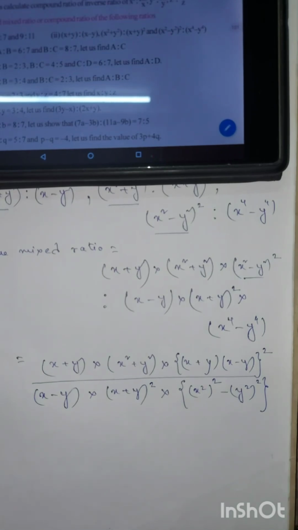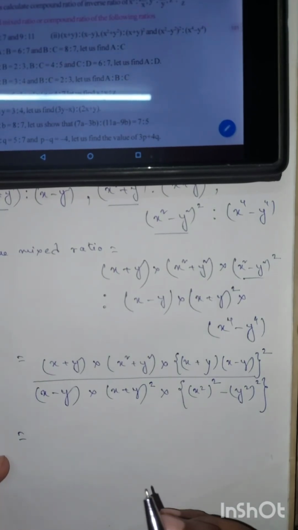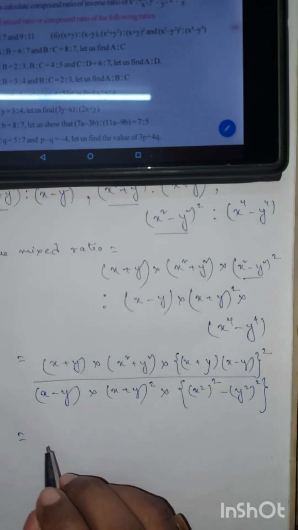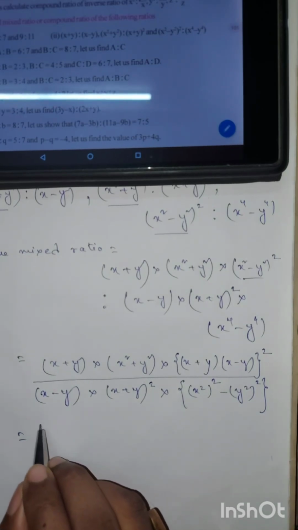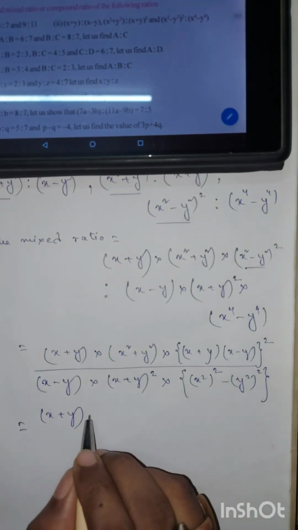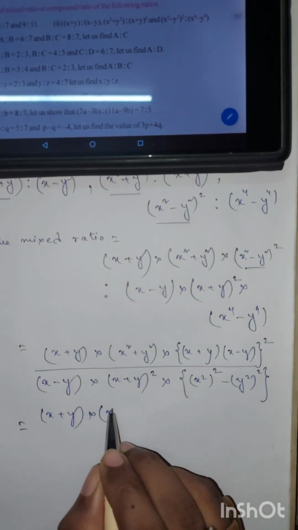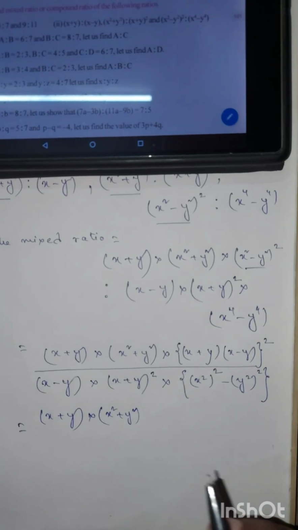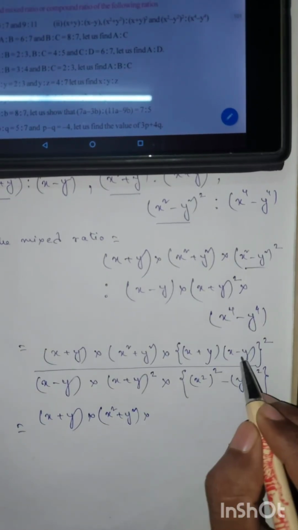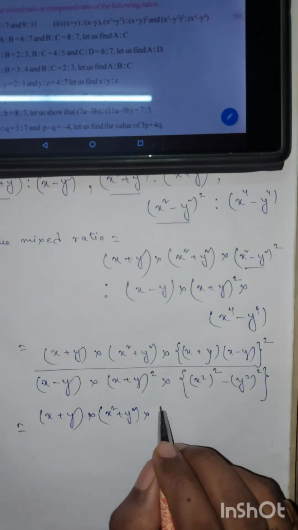So in next step we can write square can be distributed to both of these terms.